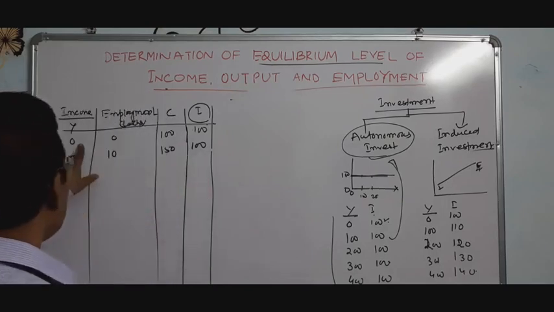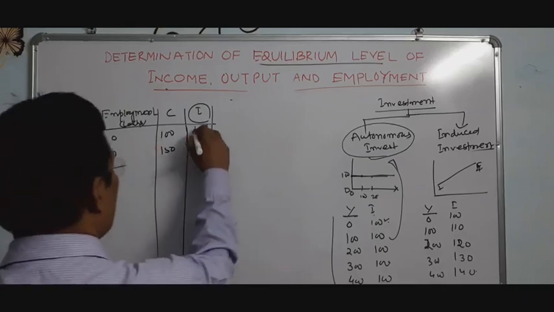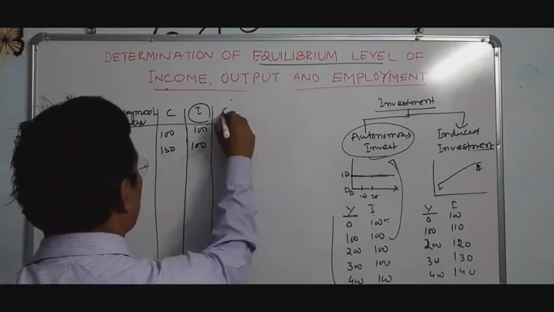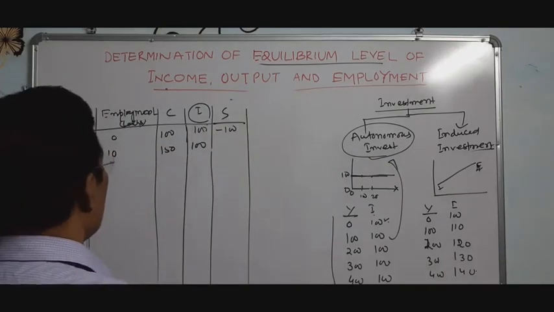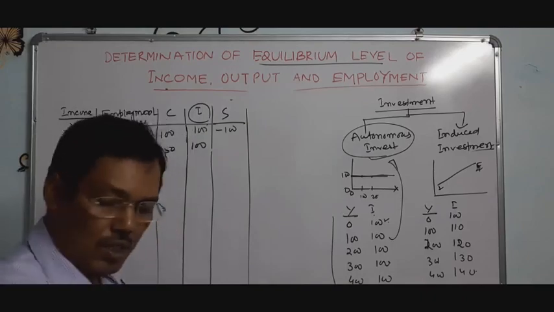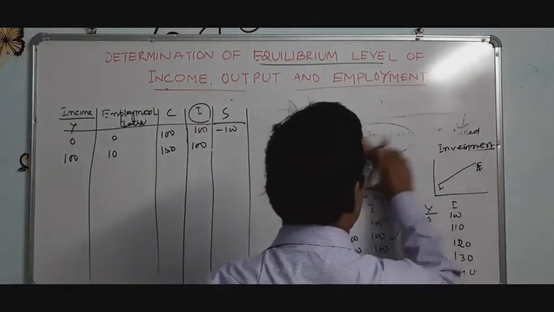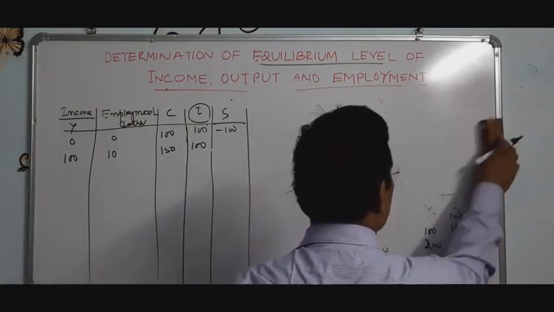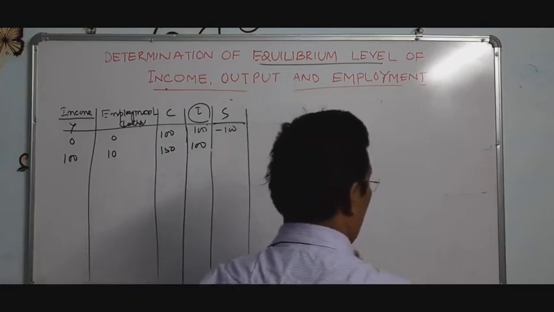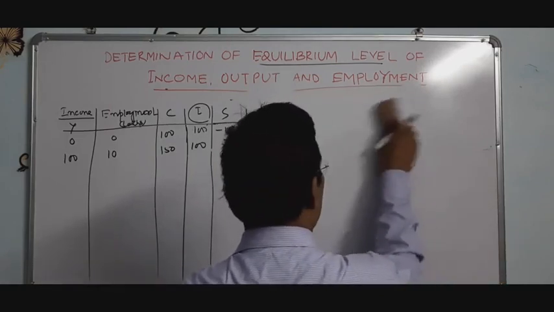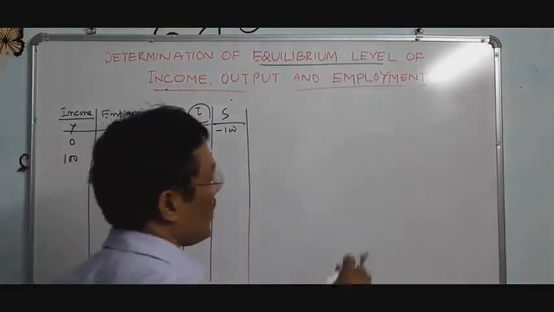So at zero level of income, employment is 0 lakh, consumption is 100, but investment will remain 100, and saving will be minus 100. Because we have already discussed Y equals C plus S: after the consumption, whatever the income, the remaining portion is called the saving.